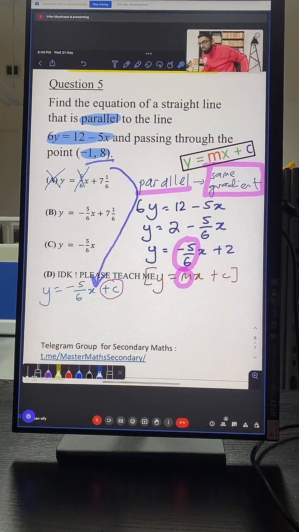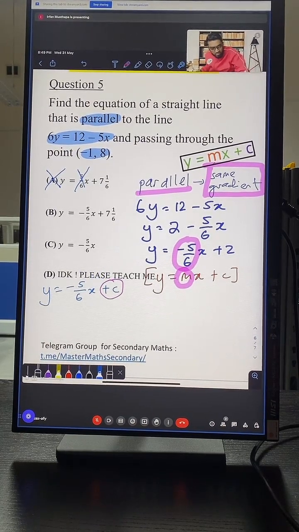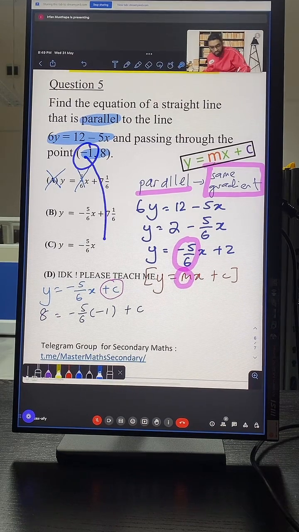Like this. So what happens here? You're going to get 8 equals negative 5 over 6 times negative 1 plus c. The x value goes here, the y coordinate goes here. That's all I did. So you're going to get 8 equals 5 over 6 plus c.